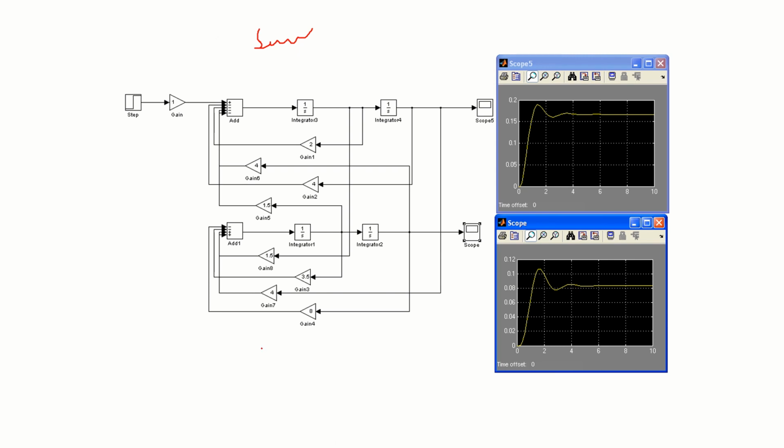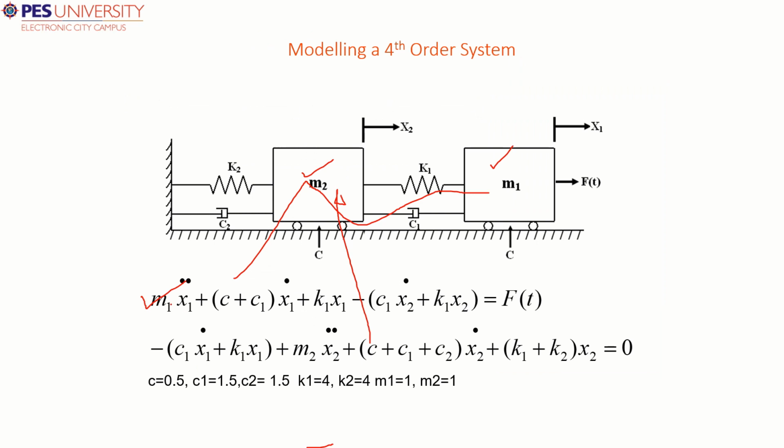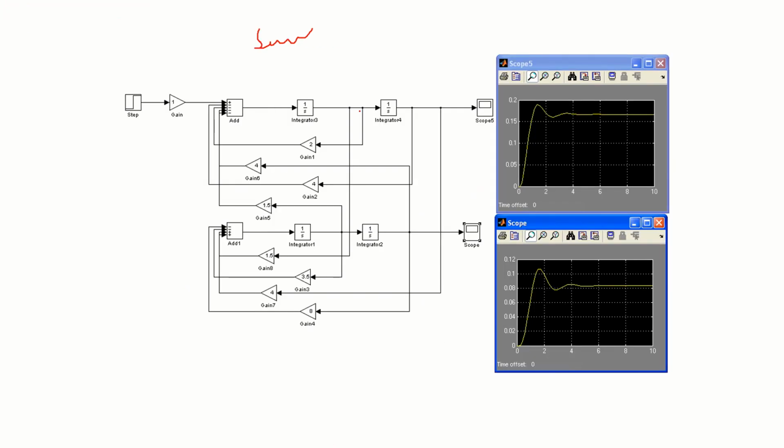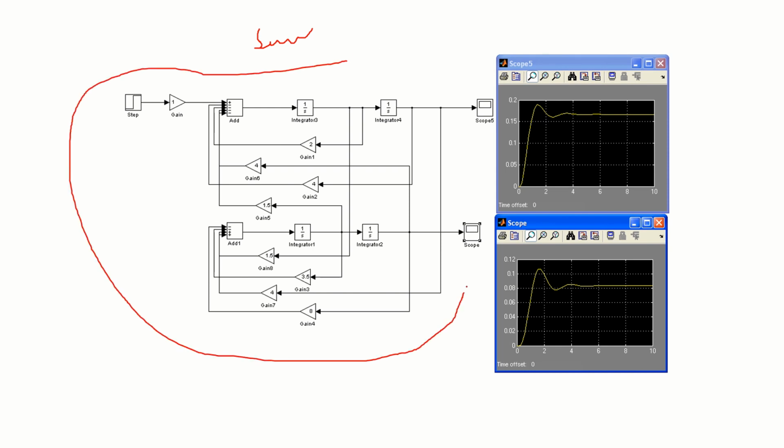So it is not again very difficult. Here you take x1 double dot, keep it on the left and transfer everything to the right. Here keep x2 double dot on the left and transfer everything to the right. So then it is easy to draw or create this model.